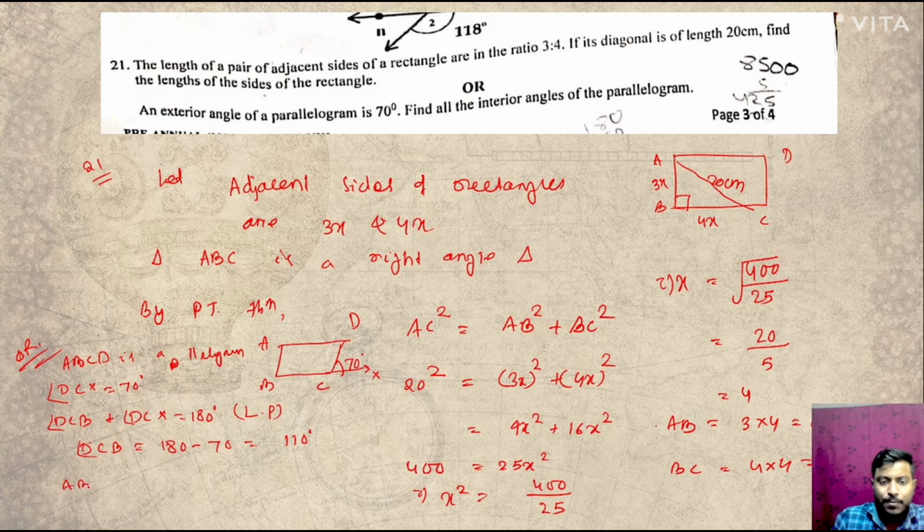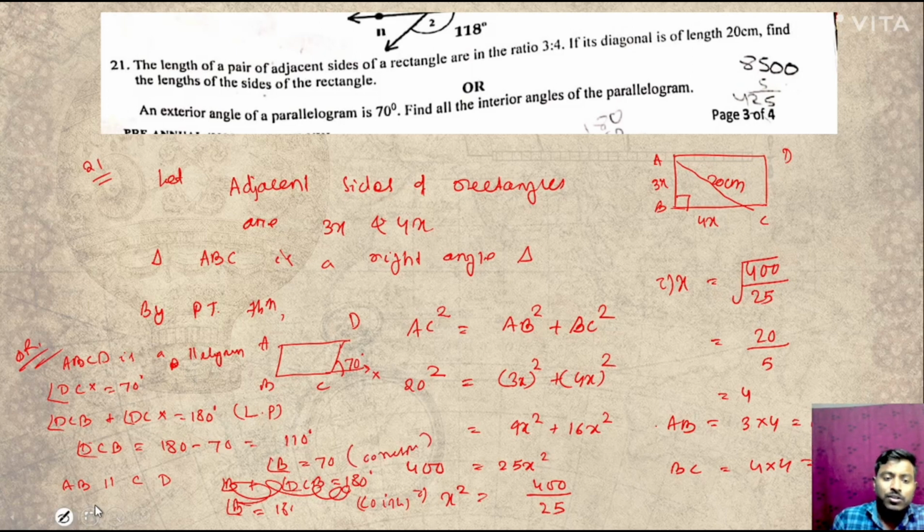We can write AB parallel to CD. Yes or no? Angle B plus angle DCB equal to 180 degrees, co-interior angles. So find B, or directly you can say that B is equal to 70 degrees, corresponding angle.